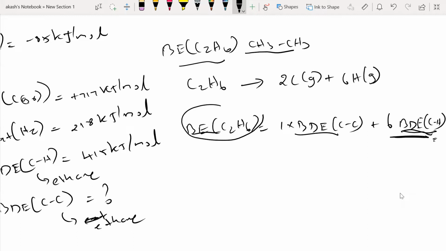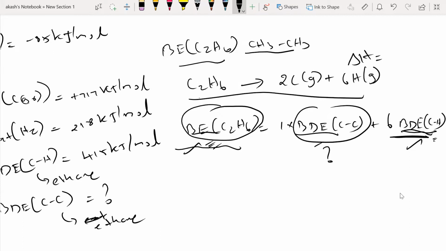But somehow, if I can find this particular reaction's enthalpy, then I will definitely be able to find the bond enthalpy of C2H6, and by that I'll be able to find the bond dissociation enthalpy of C-C. That is what is asked in the question. Okay, this is your required equation.